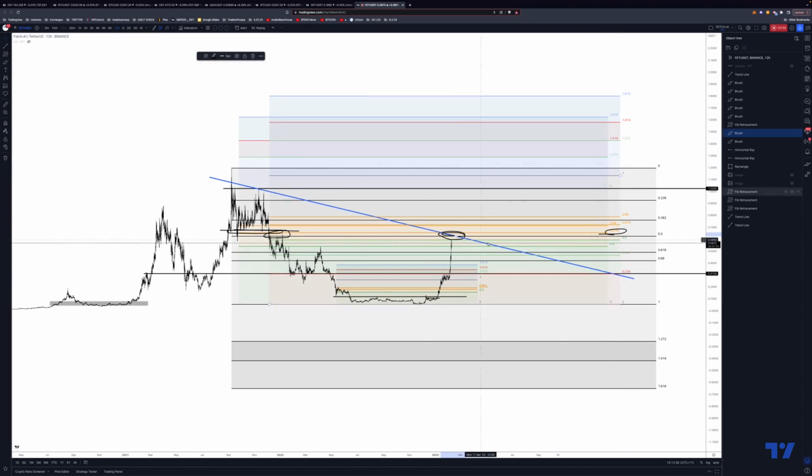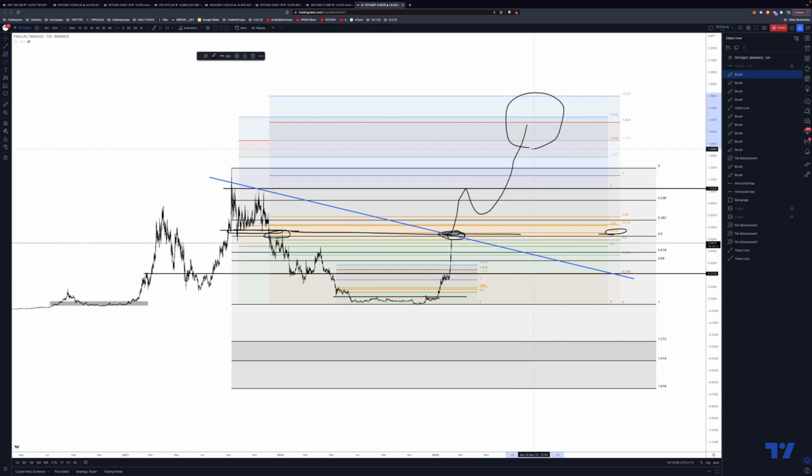It needs to pass this for me to go really bullish. It needs to break that level. Then I can see it going to these levels here. Okay, so that's from a log settings perspective.